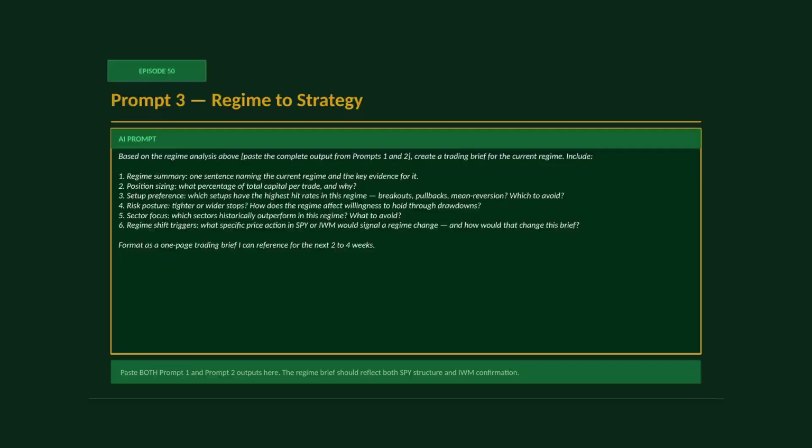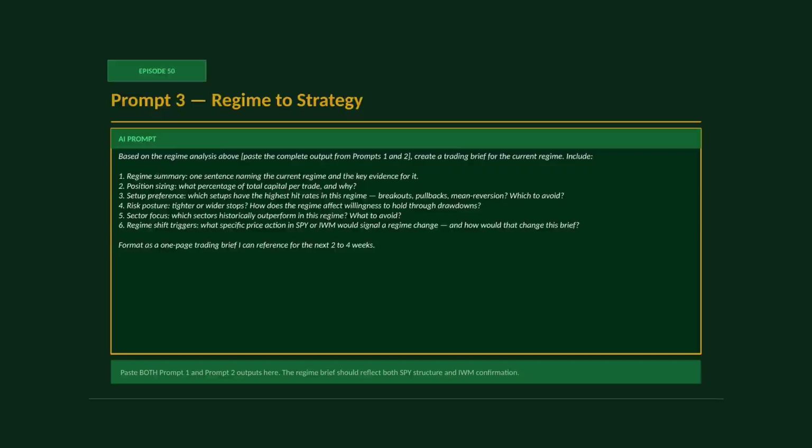Based on the regime analysis above, paste the complete output from prompts 1 and 2, create a trading brief for the current regime. Include: 1, regime summary, 1 sentence naming the current regime and the key evidence for it. 2, position sizing, what percentage of total capital is appropriate per trade in this regime and why. 3, setup preference, which setups have the highest historical hit rates in this regime, breakouts, pullbacks, mean reversion, trend continuation, which setups to avoid. 4, risk posture, should stops be tighter or wider.